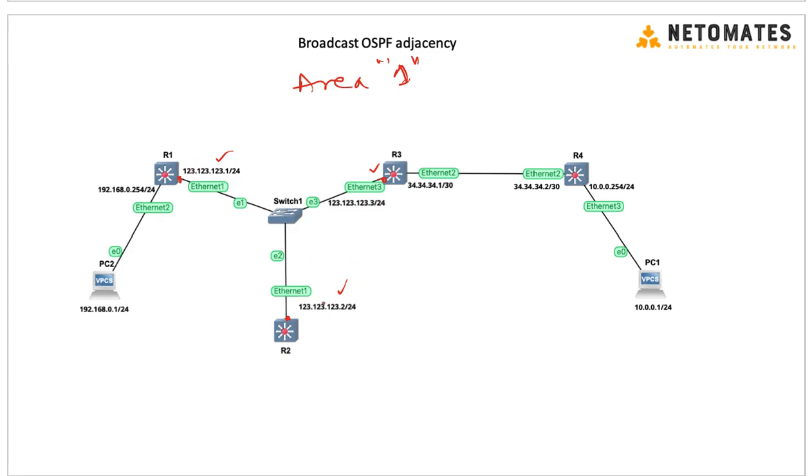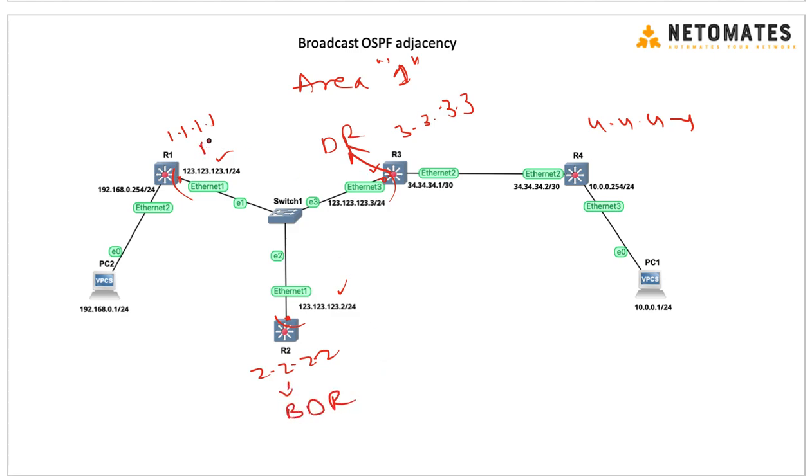In this topology, if you don't configure any OSPF priority values, and you give the router IDs like R1 as 1.1.1.1, this one 2.2.2.2, this one 3.3.3.3 and R4 as 4.4.4.4, then in this OSPF segment this one will become the DR, this will become the BDR, and this will be the DR other.